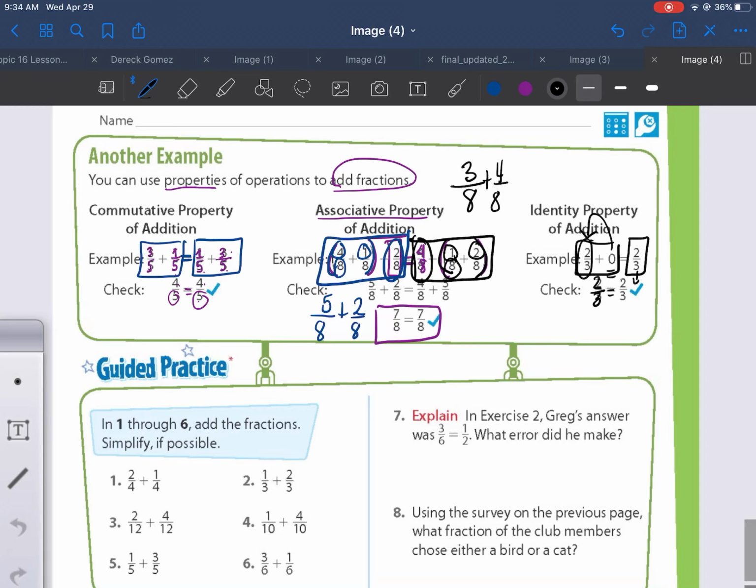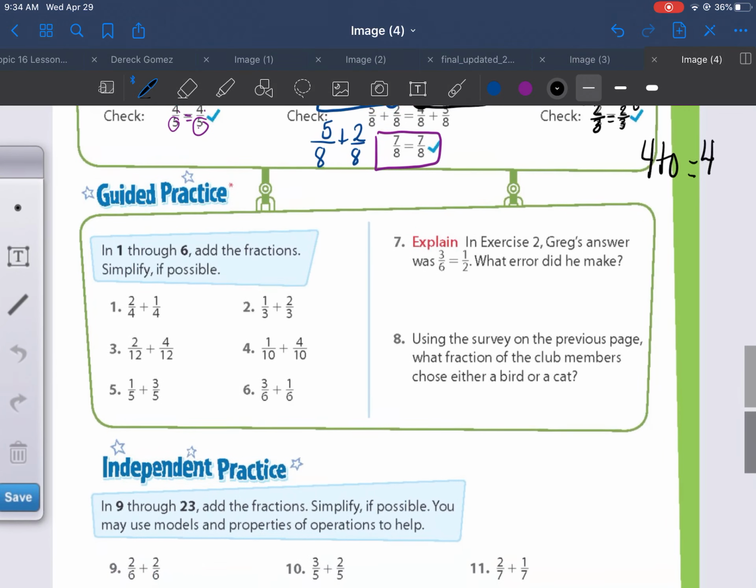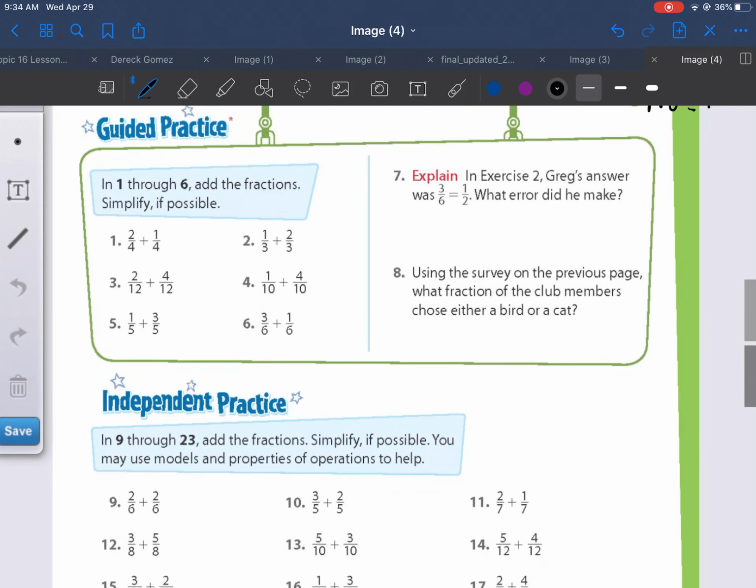So 2/3 plus 0 is going to be 2/3, just like 2/3. Because you're adding 0, you're not adding anything. It's like if I say 4 plus 0. 4 plus 0 is still going to be 4 because you're not adding anything. It's a 0.